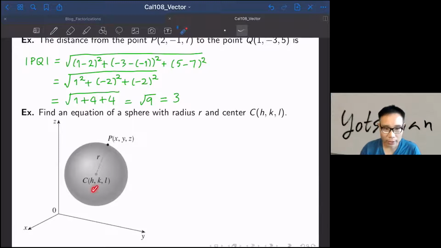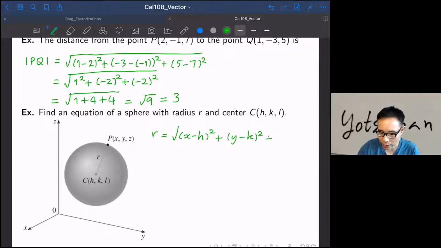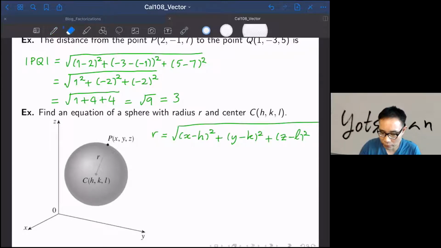So you have the center at (h, k, l). So you know that the distance r will be equal to the square root of (x minus h) squared plus (y minus k) squared plus (z minus l) squared. Okay, so this gives you r equal to the square root of this, and this r will be a constant.